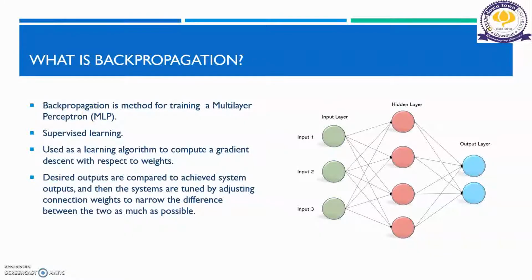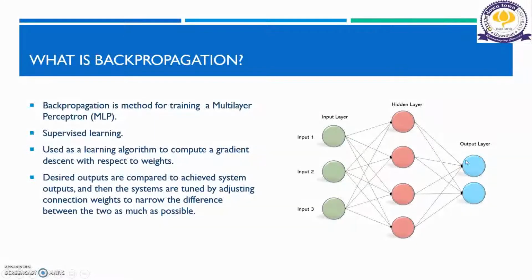The neurons in the input layer receive the input signals and pass them to the hidden layer units. The hidden units process the input signal and generate output.